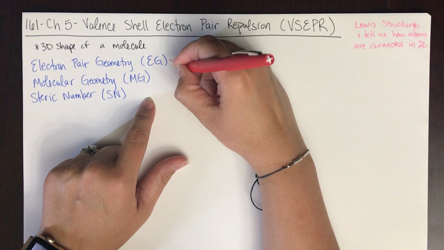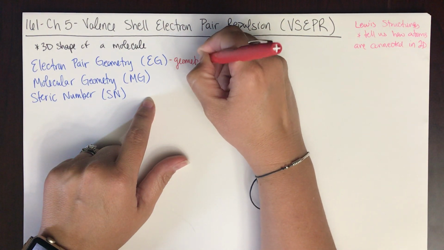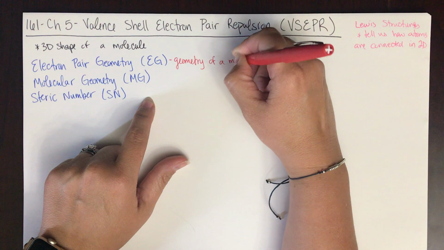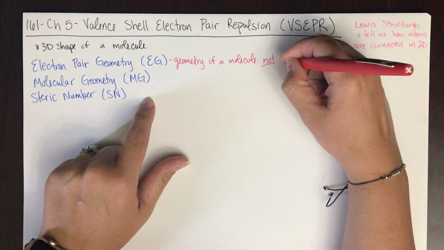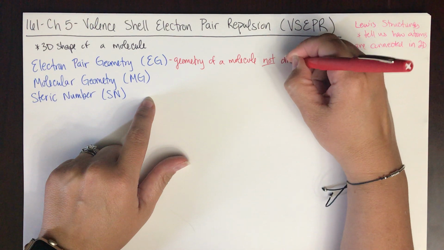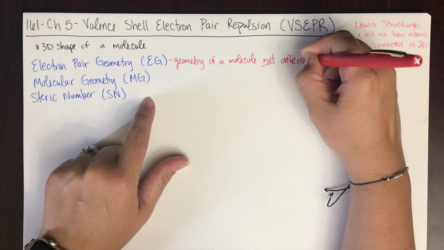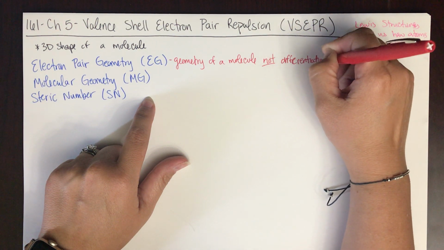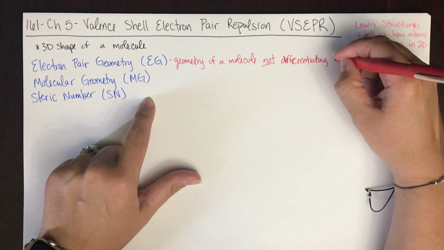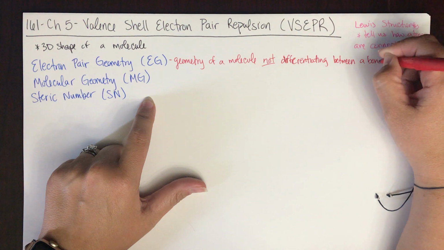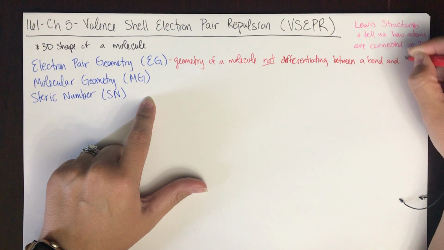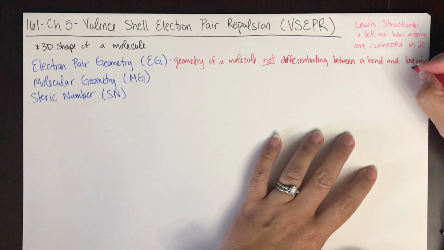So this tells us the geometry of a molecule, not differentiating between a bond and a lone pair of electrons.